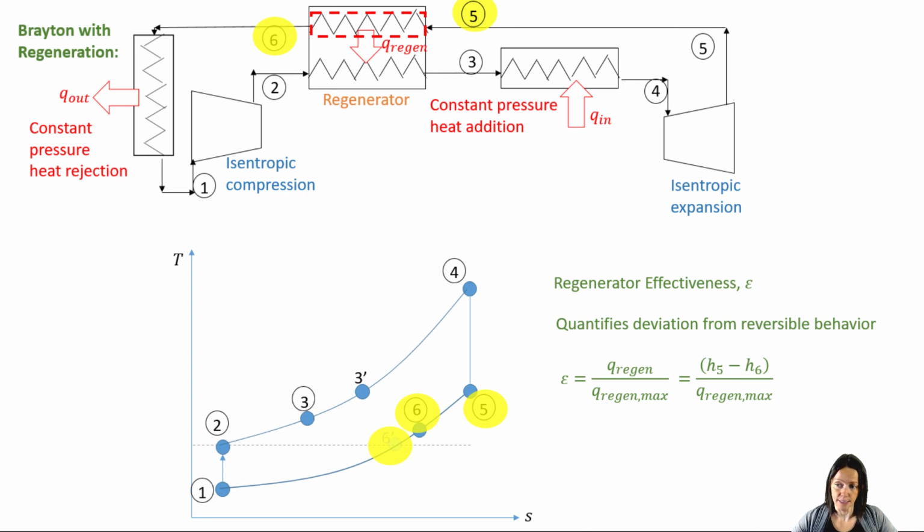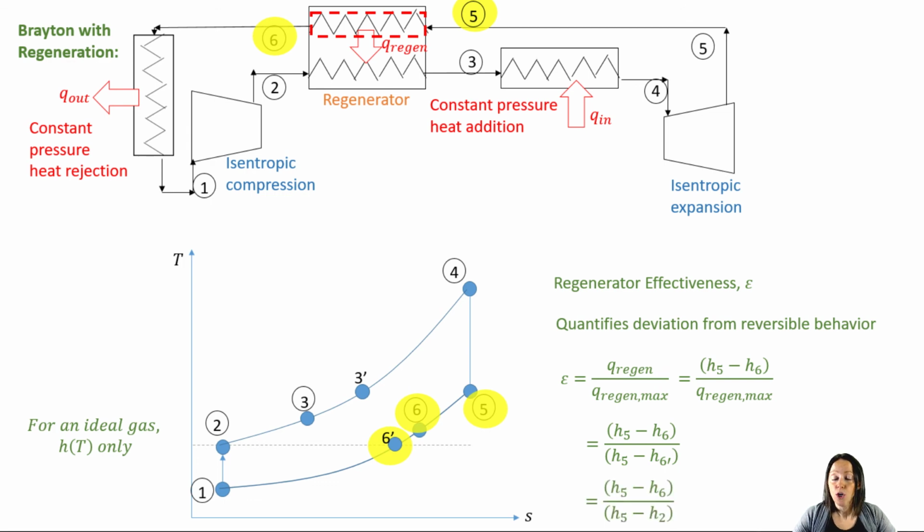Now of course it doesn't, but I'm going to call that point state 6 prime. So if I write my Q regen max, this would be H5 minus H6 prime. And because for an ideal gas, H is only a function of temperature, I could replace that H6 prime with H2, since state 2 and 6 prime are at the exact same temperature.